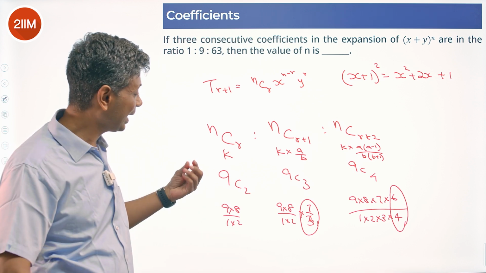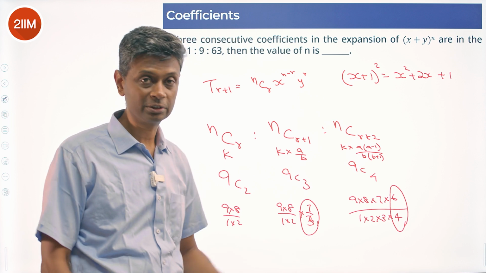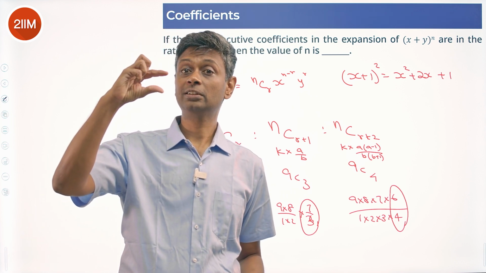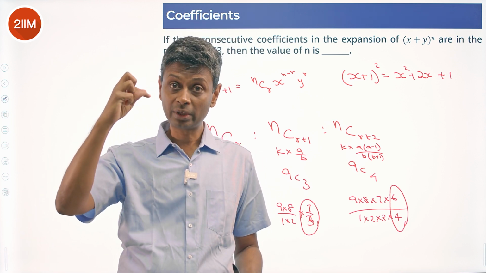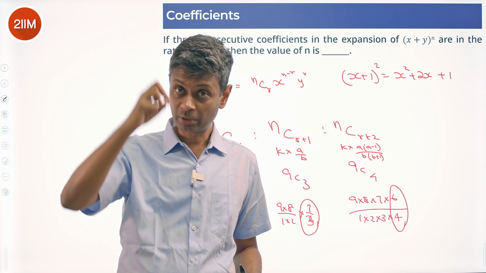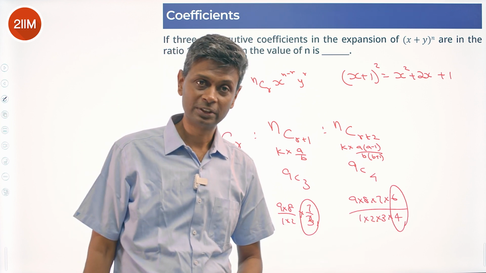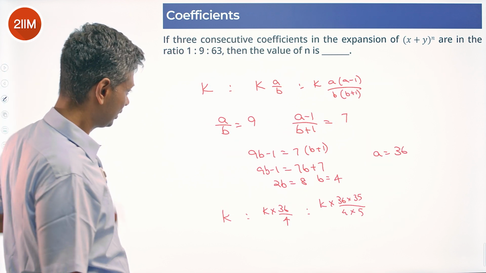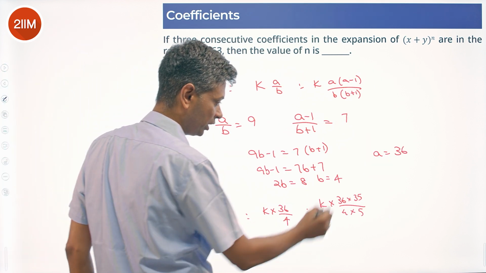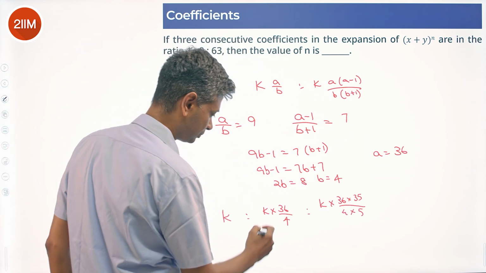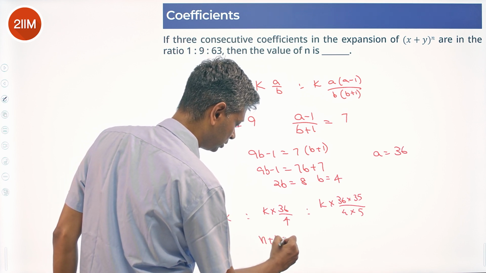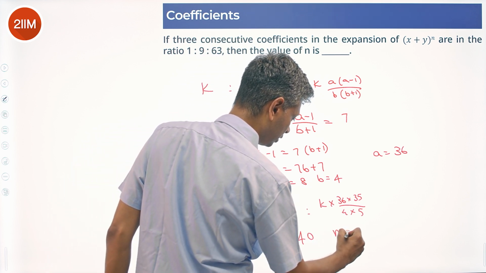So in each term, the numerator and denominator of what I multiply with add up to 10. So 36 plus 4 is 40, 35 plus 5 is 40, n + 1 is 40, n is 39.